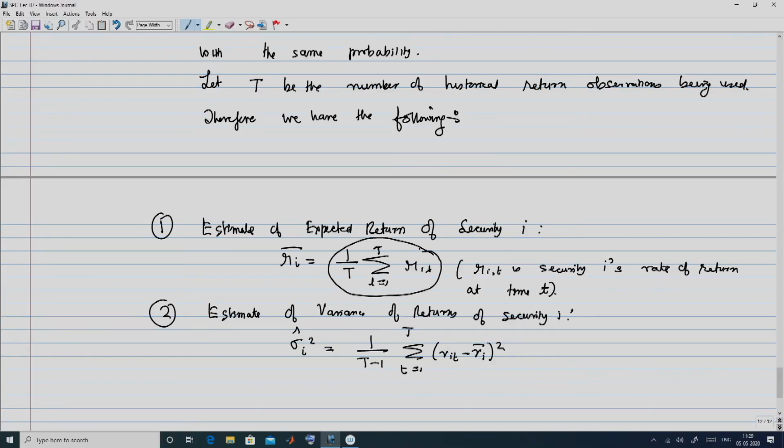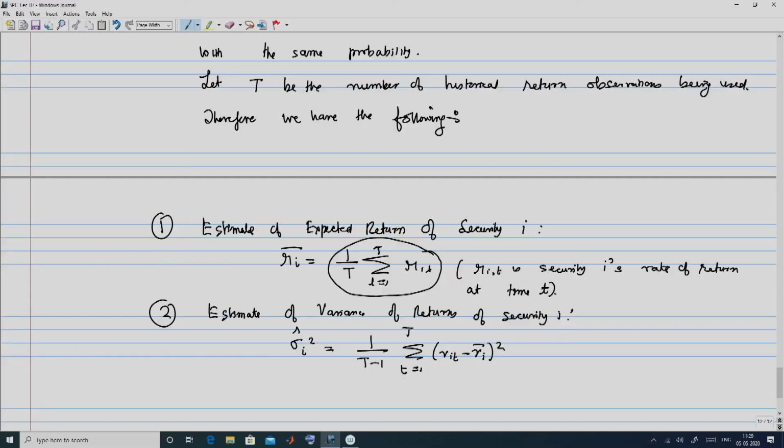So, here I want to briefly pause and just point out that this expression that is used to estimate the expected return is an unbiased estimator of the mean, and this estimator that is being used to estimate the variance, where we have a factor of 1 over T minus 1 instead of 1 over T, is also an unbiased estimator of the variance. For this you can look up any statistics text on unbiased estimators.